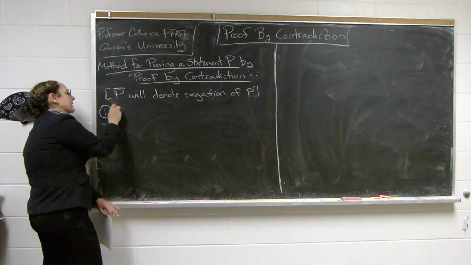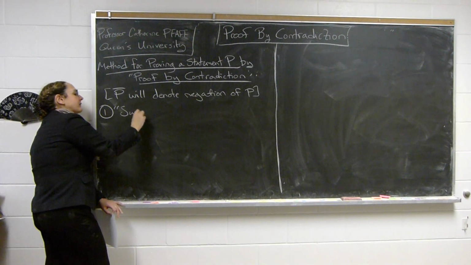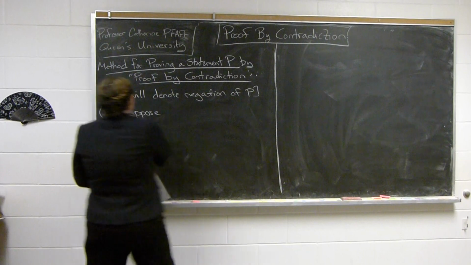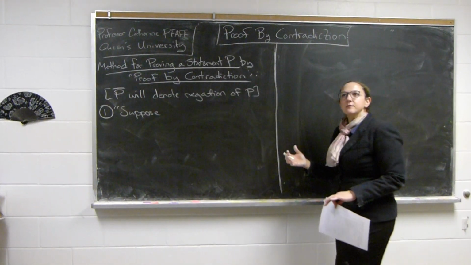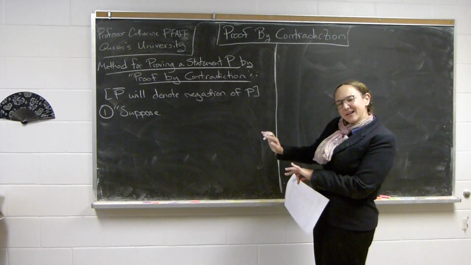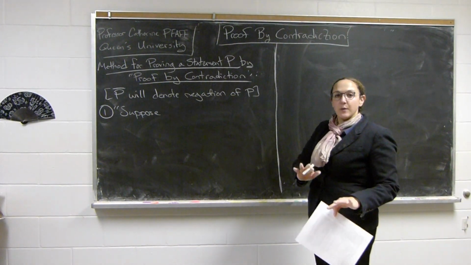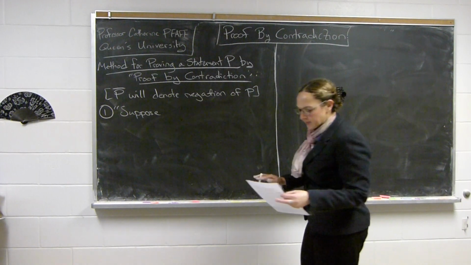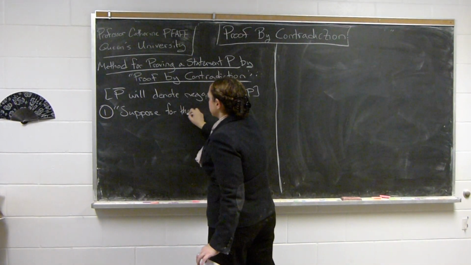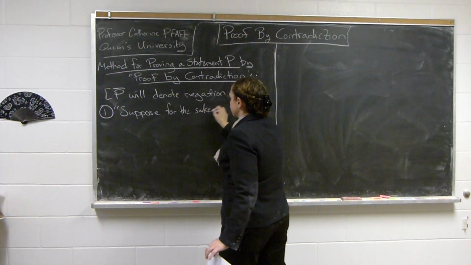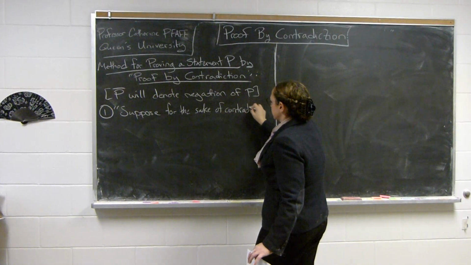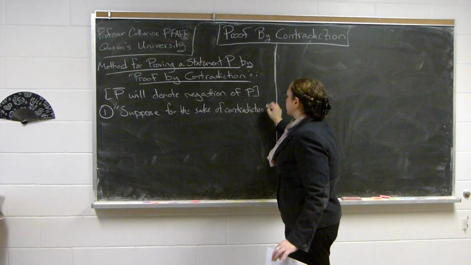Okay, so the first line that I always want to see out of my students is that they indicate what method of proof they're using, but there's a way to do it so that you're both letting us know what it is and setting up what you're doing properly. So: suppose for the sake of contradiction, and then you negate the statement.